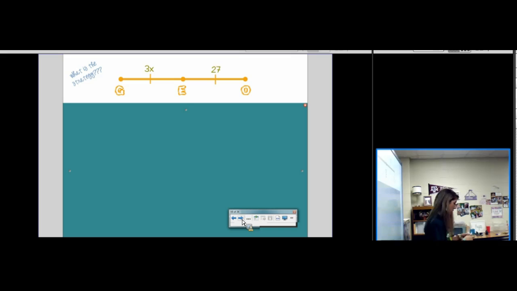Okay, so let's call on some people. Trinity, because of how I marked this figure, what do you know about point E? Yes, what's the vocab word? Midpoint. E is the midpoint. So that means, what is true, Yasmin, about GE and EO?